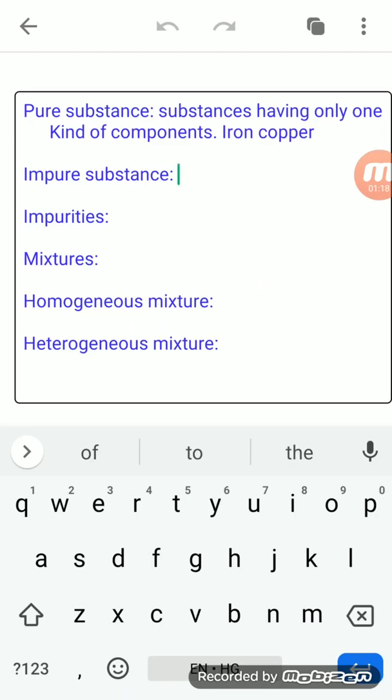Okay, now see here, the impure substance differs from the pure substance. Substances containing not one type of constituent but more than one type of constituent particles are the impure substances.